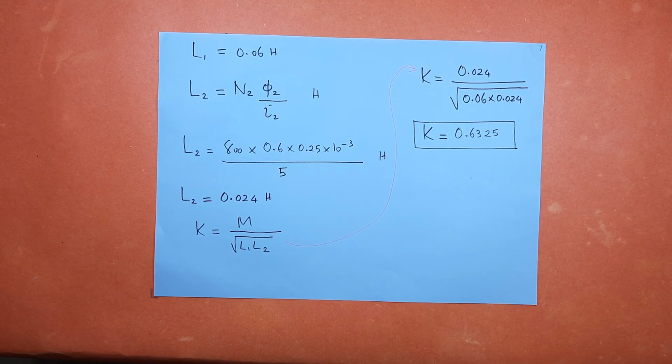So we find K equal to 0.6325. So in unit 5, we have seen what is resonance, series and parallel resonance, and then this tuned circuit. What is a tuned circuit? Single tuned circuit.